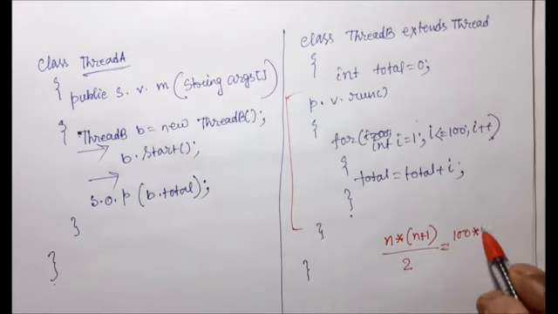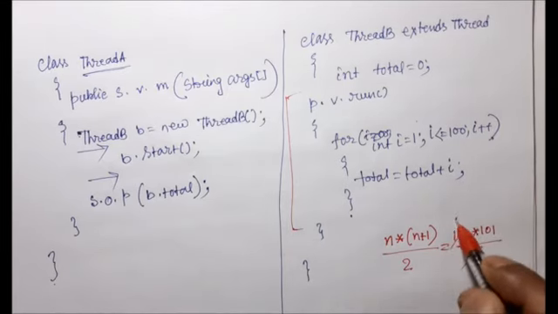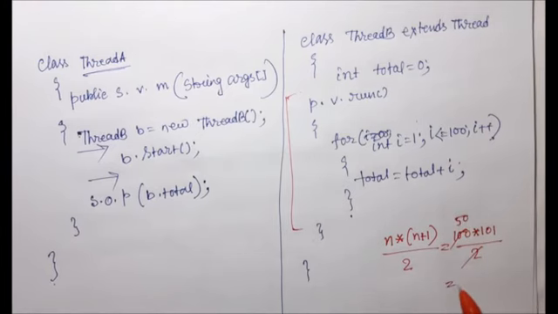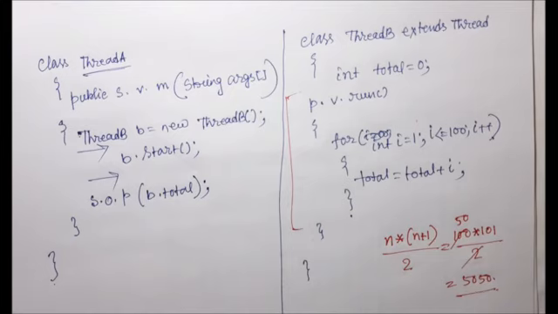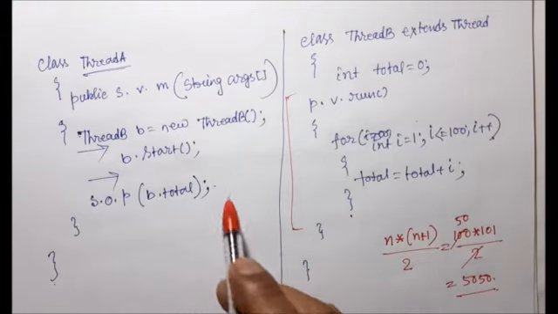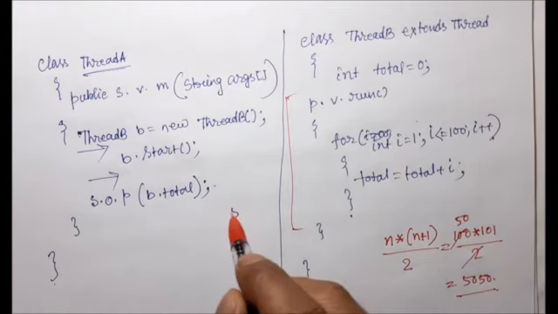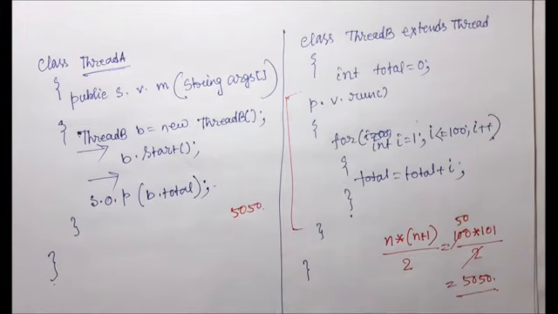So here it is 100, so 100 into 100 plus 1 by 2, that is 5050, right? That will be the output. So the child thread's for loop will be executed, and I will get total equal to 5050, one of the possible outputs.